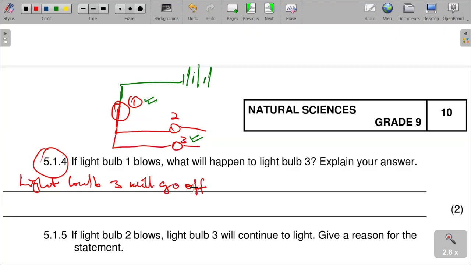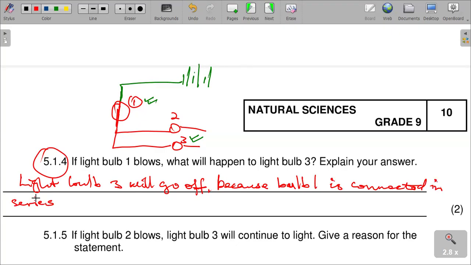Light bulb 3 will go off because bulb 1 is connected in series.